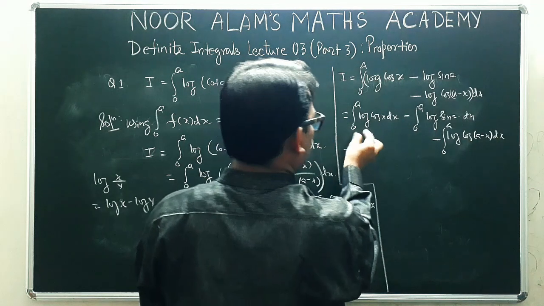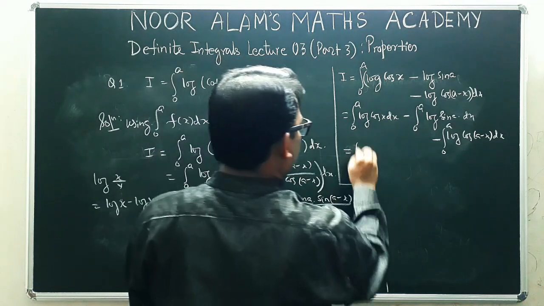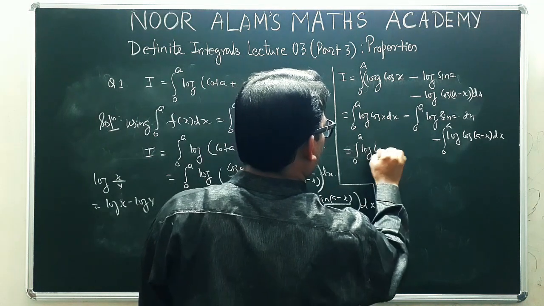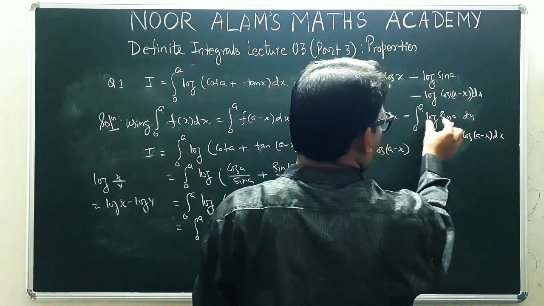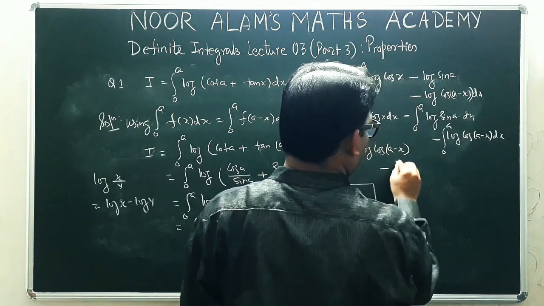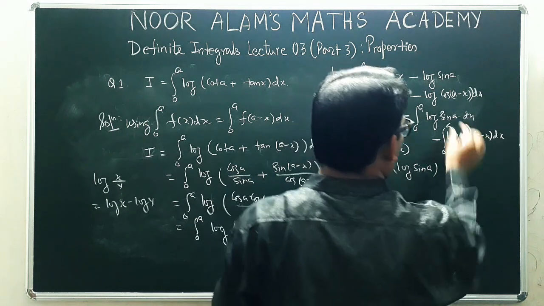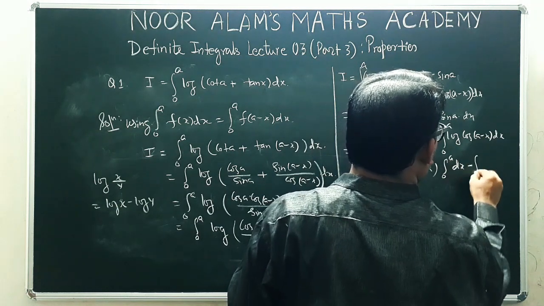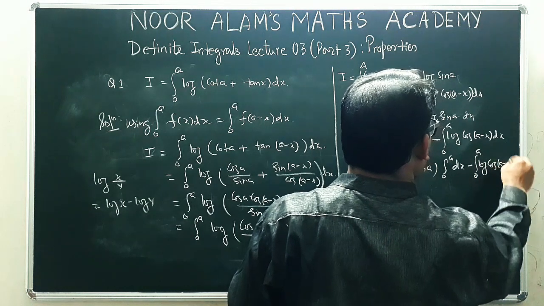Now if we use this property again in this part, it will be the integral from 0 to a of log cos x with x replaced by a minus x. Here log of sin a is a constant quantity, we can take it outside, so we get the integration from 0 to a of dx only.